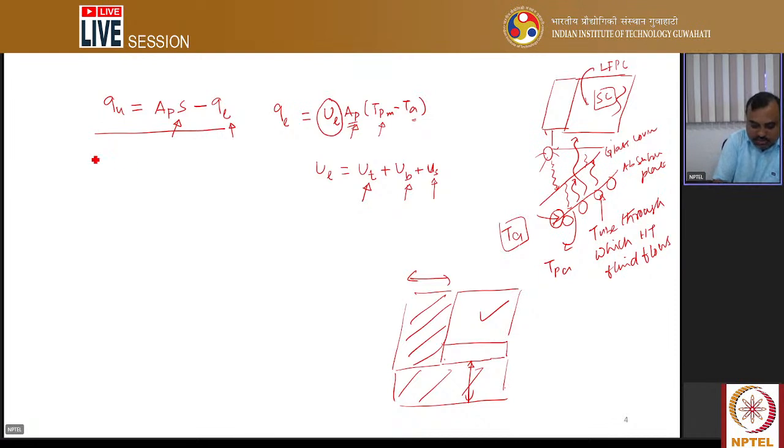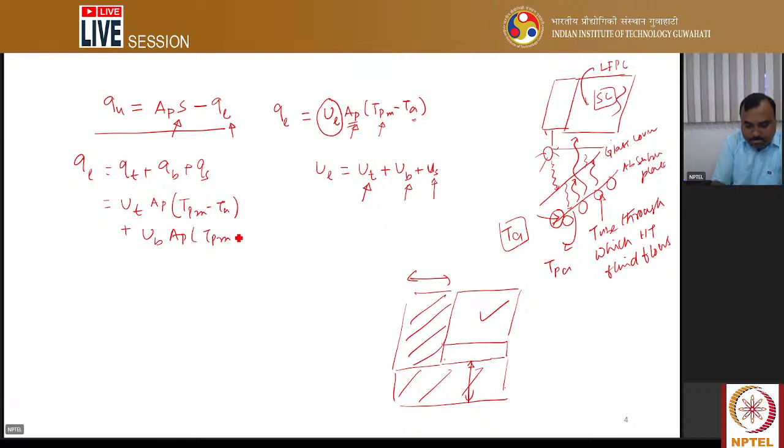So what we can express, this QL is nothing but QT plus QB plus QS. Okay. So if we express this QT, QB, and QS in terms of loss coefficients, it will be something like UT AP (TPM minus TA), plus UB AP (TPM minus TA), and US AP (TPM minus TA).